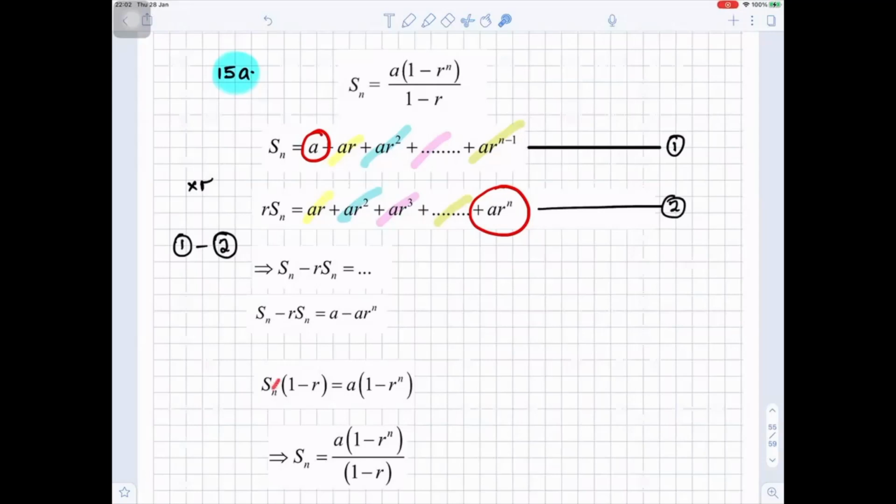Now you want to get Sn, which is times 1 minus r, so you divide by 1 minus r. Take that to the right, it becomes divide. So Sn equals a bracket 1 minus r to the n over 1 minus r. So that is the formula. Quod erat demonstrandum, as required to show, QED.